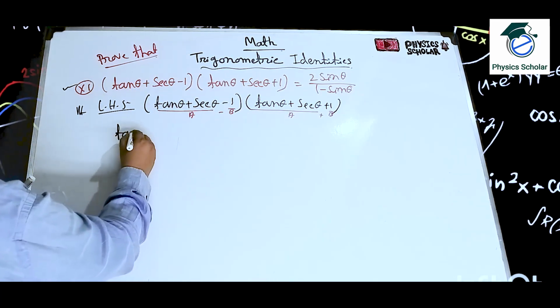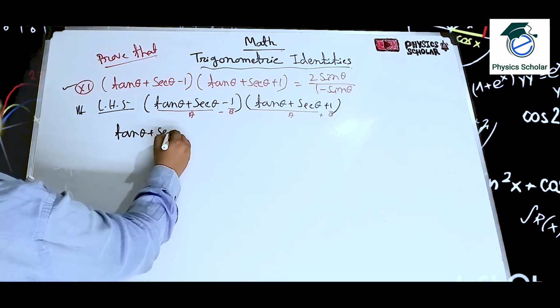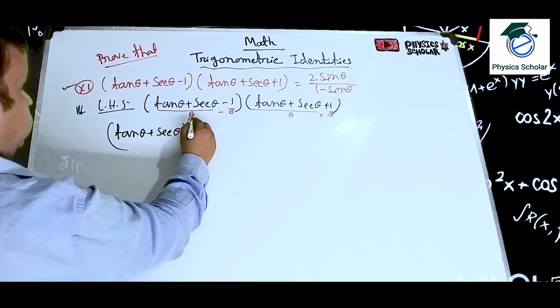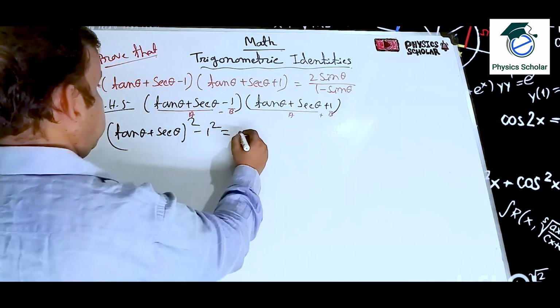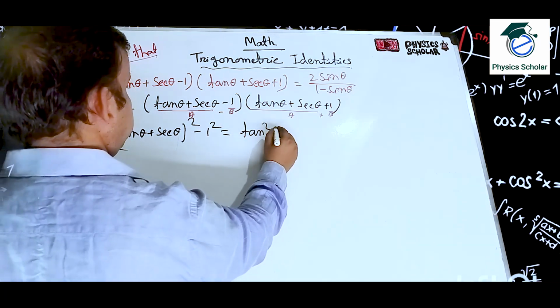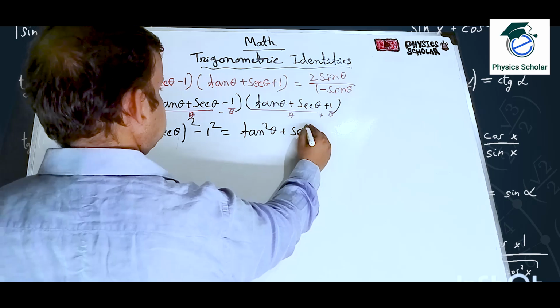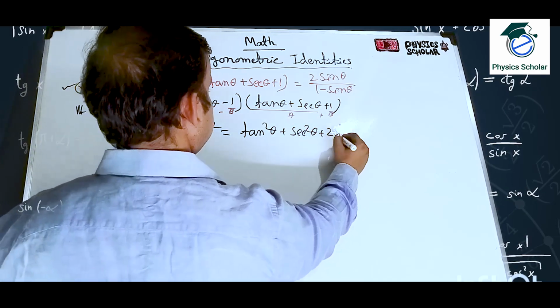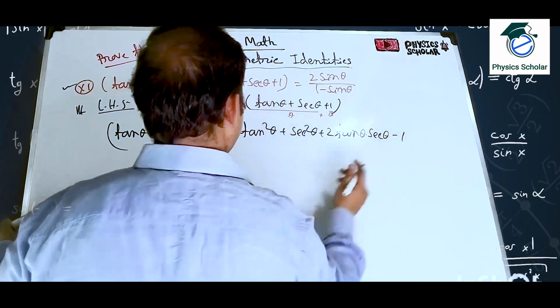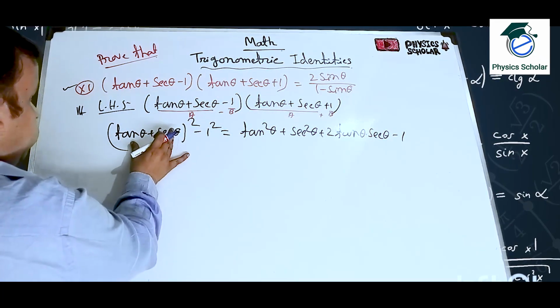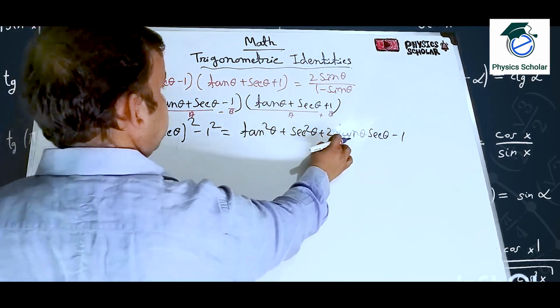So what we can write? Tan theta plus sec theta whole square minus 1 square. Is equal to, what is the formula? A plus B whole square formula: tan square theta plus sec square theta plus 2 tan theta into sec theta minus 1 square, means 1. Clear? A plus B whole square formula is A square plus B square plus 2ab.